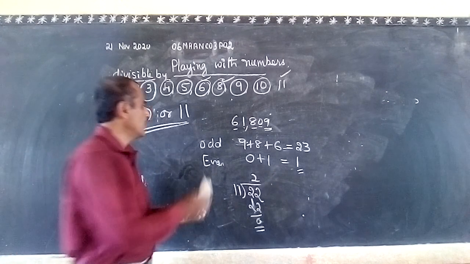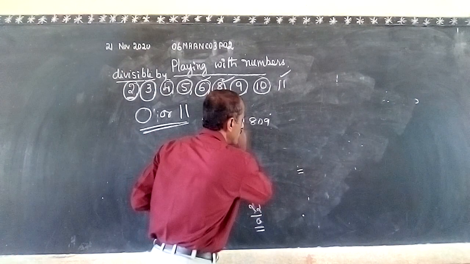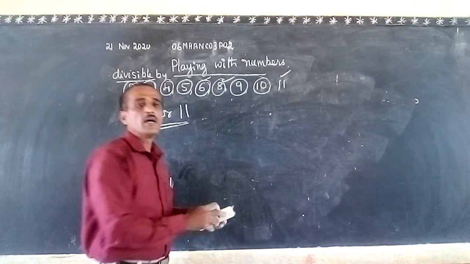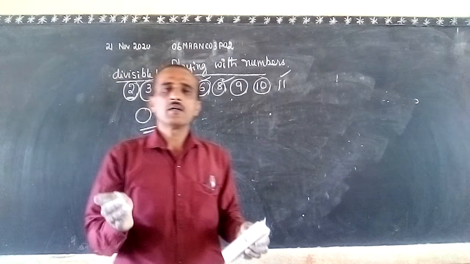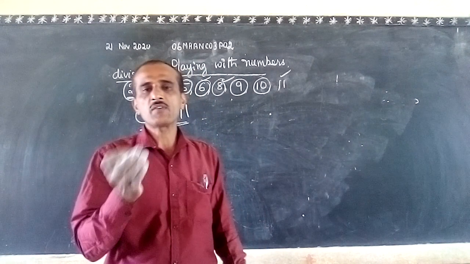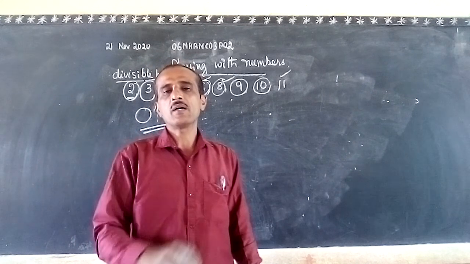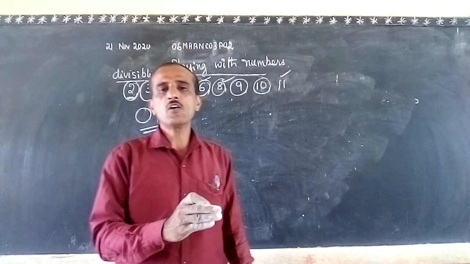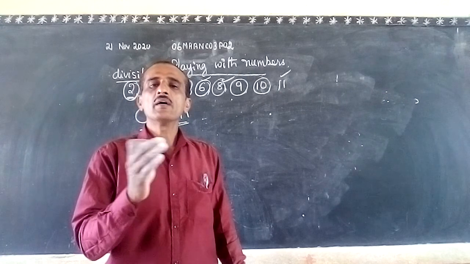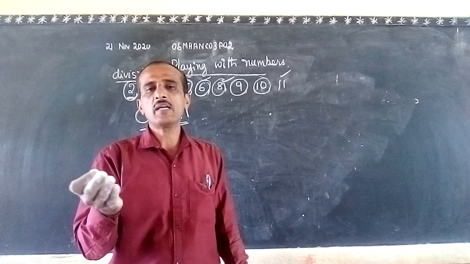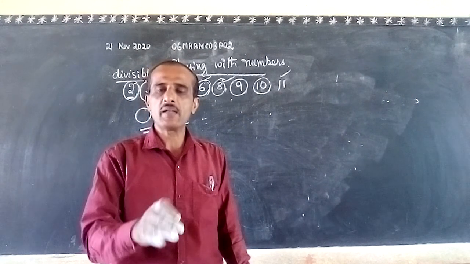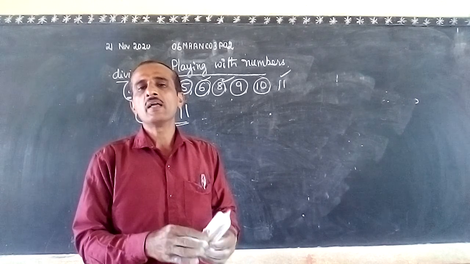So very simple. So how to search whether a number is divisible by 11 or not? If the difference of the sum of the digits of the odd places and the sum of the digits of the even places is 0, or a multiple of 11, then such numbers are divisible by 11.